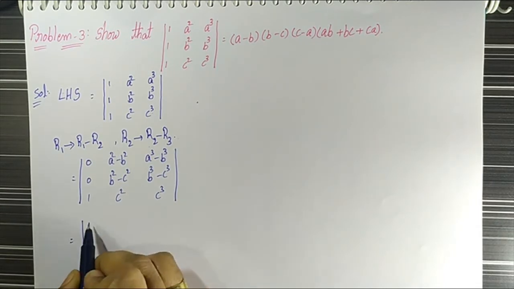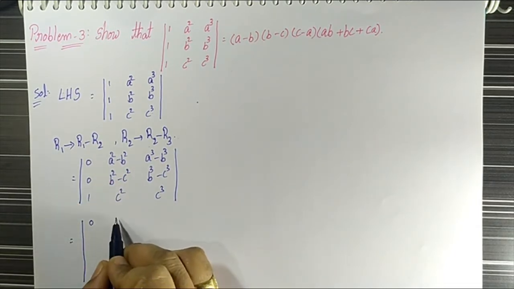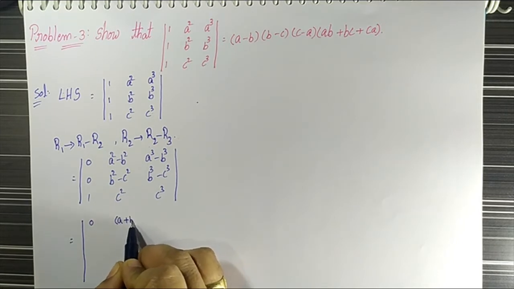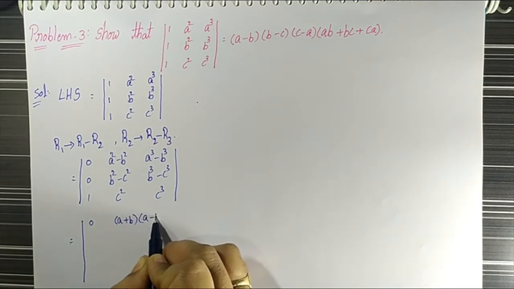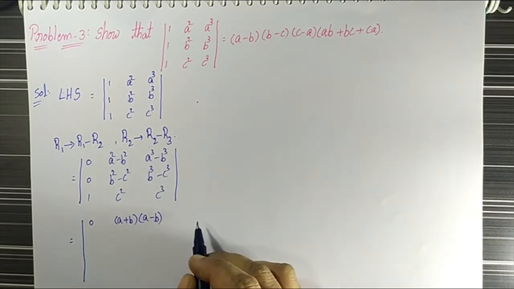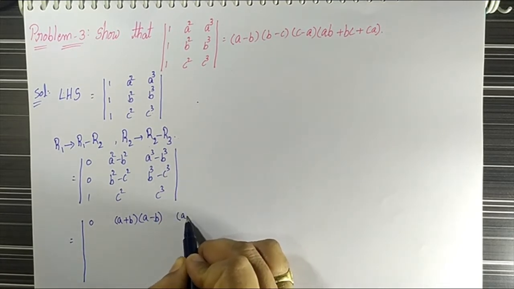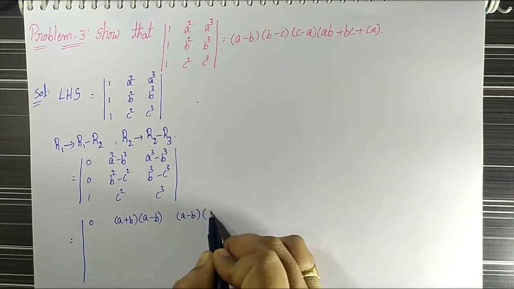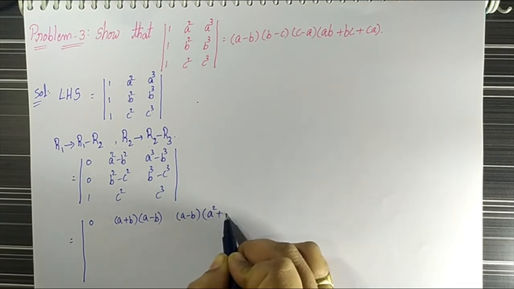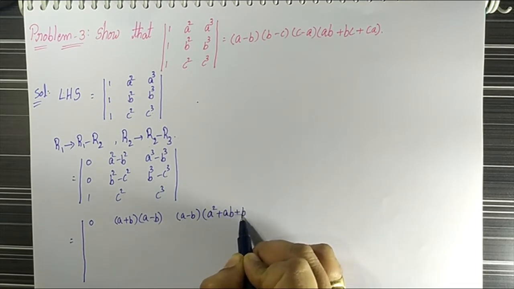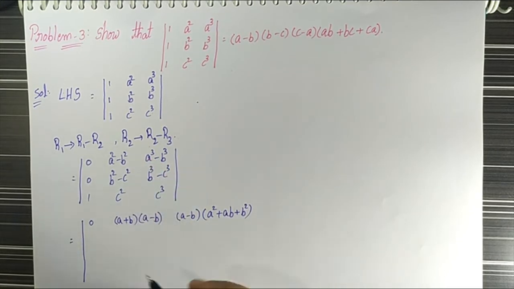That is the determinant with 0, then a² minus b² is (a plus b)(a minus b), and a³ minus b³ is (a minus b)(a² plus ab plus b²).